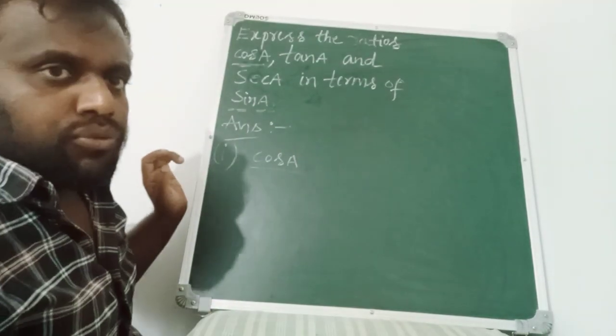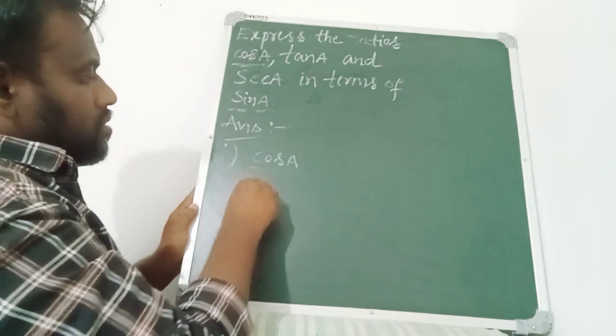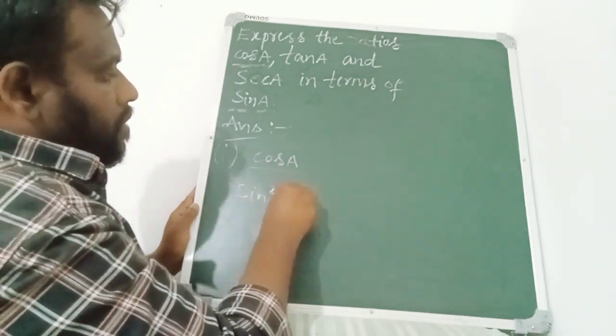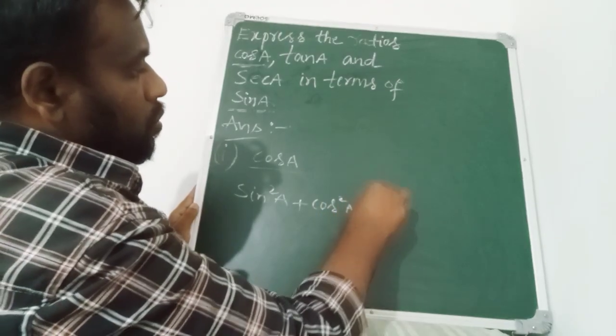See, we have a formula, right? We have the formula sin square A plus cos square A, that is equal to 1.